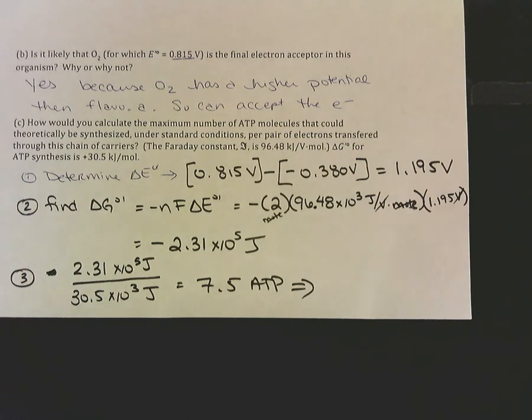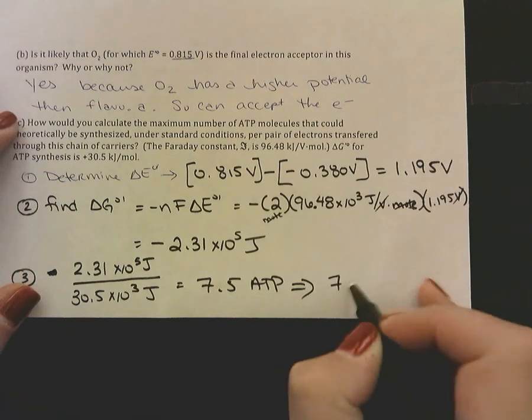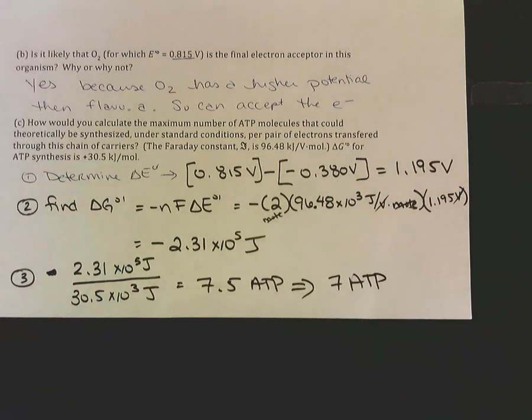Not really. So would you round up or round down then? You'd have to round down. So, whatever this organism is, from 2 electrons passing through the chain, so 1 pass, it can make about 7 ATPs. How do we feel about that? Pretty good? See the logic of how we work through that?